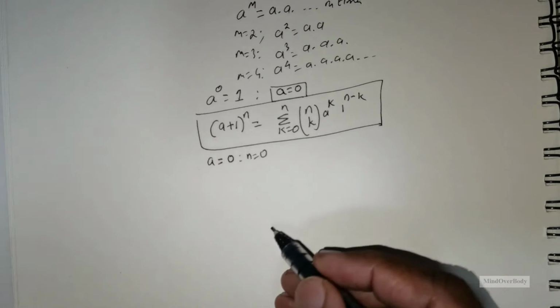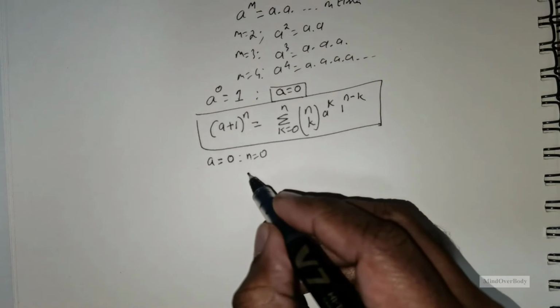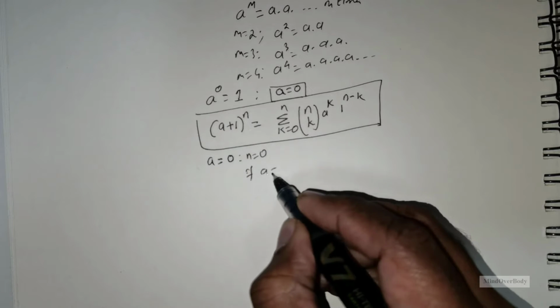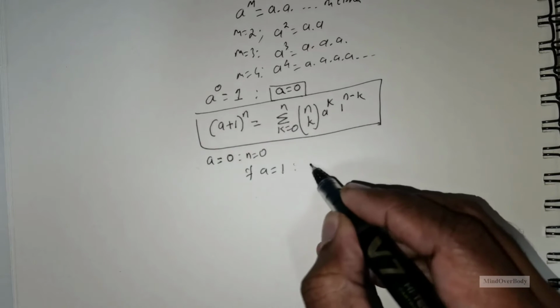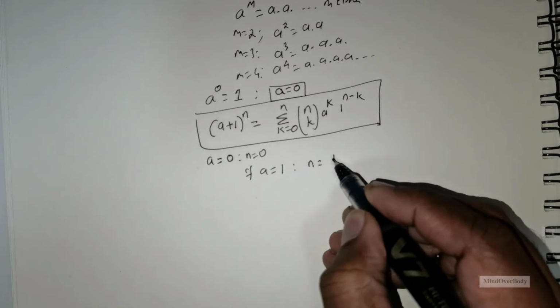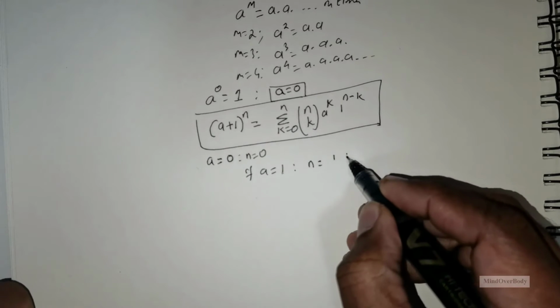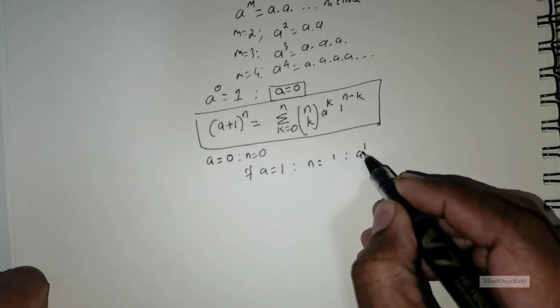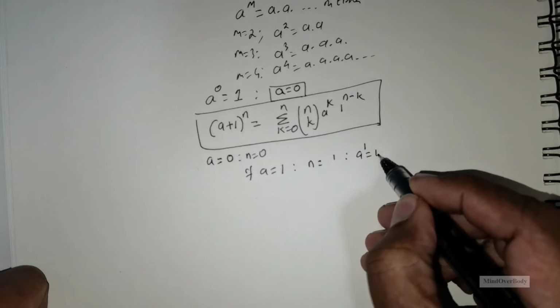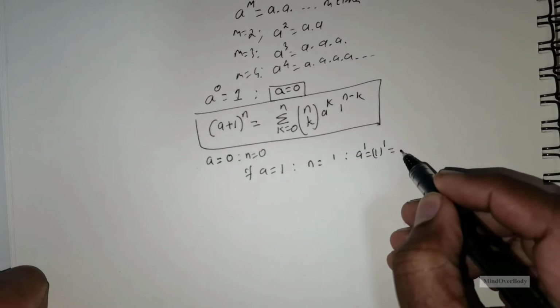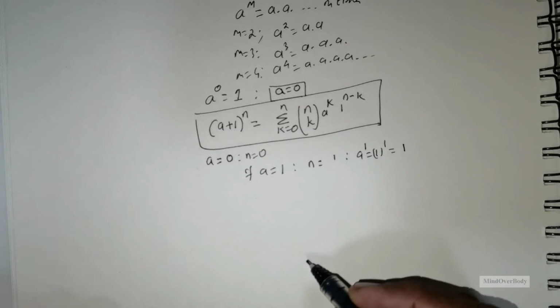So let us first understand what happens if a is equal to 1 and n is equal to 1. Clearly this would mean a raised to the power n is 1 raised to the power 1, which is equal to 1.